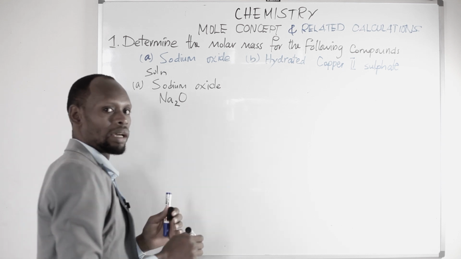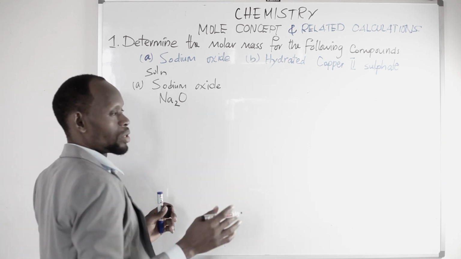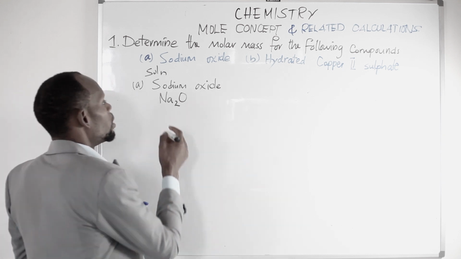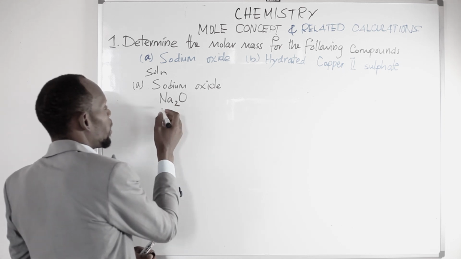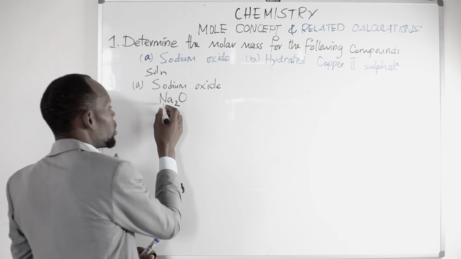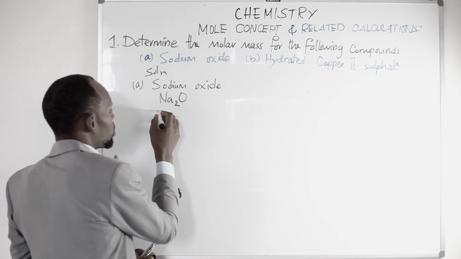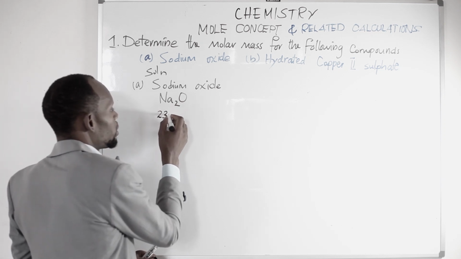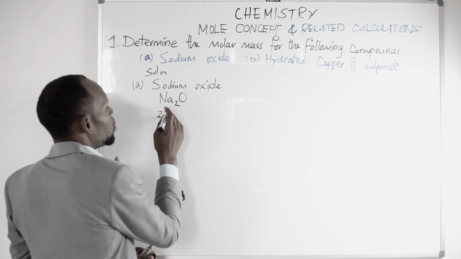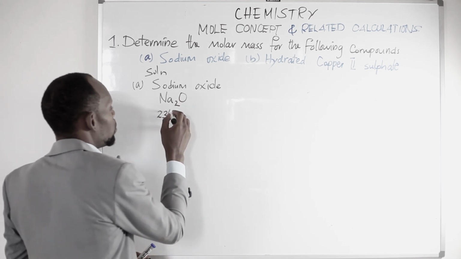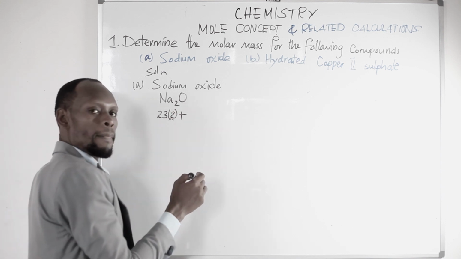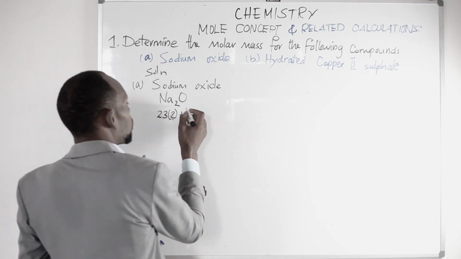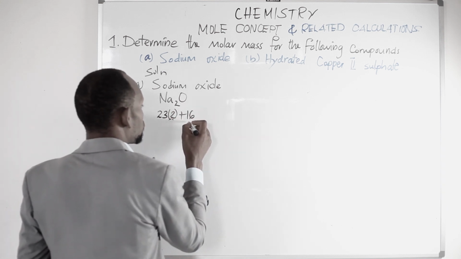You should consider the valences of each ion. So here, sodium oxide. I am going to take it as sodium first. What is the mass of sodium? Sodium has a relative atomic mass of 23. There are 2, so here we times 2, plus the relative atomic mass of oxygen, which is 16.